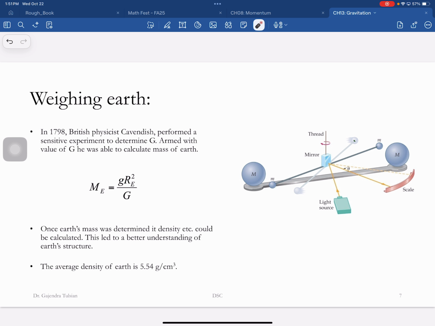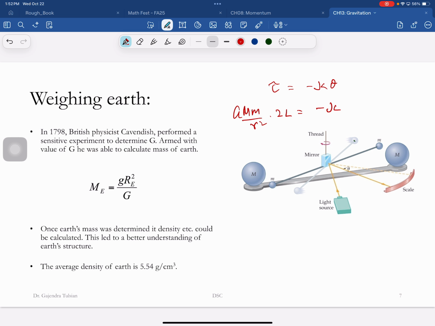In this case, the torque is this force times this length, twice that: G m m by r squared, 2 times the length, is minus kappa theta.